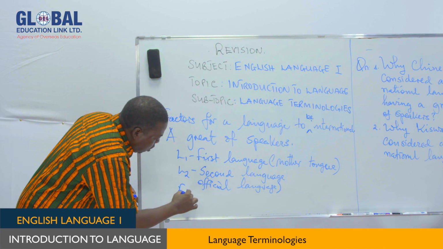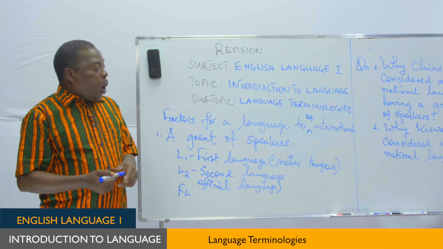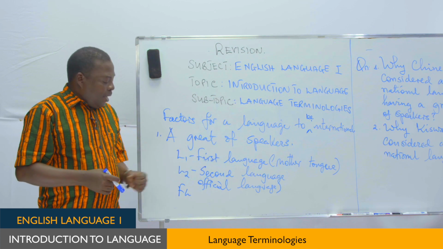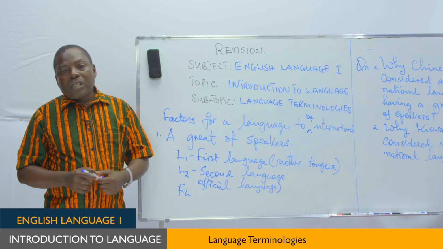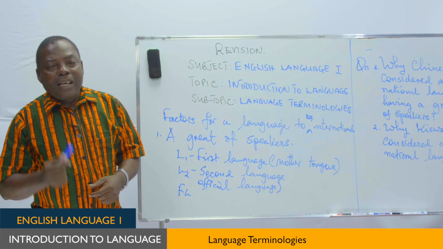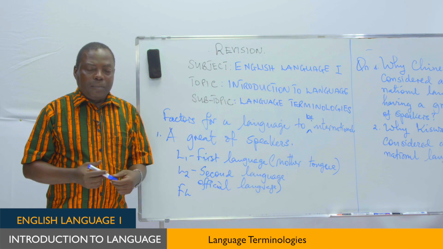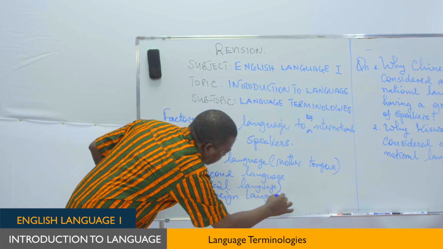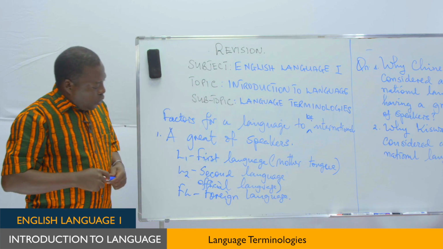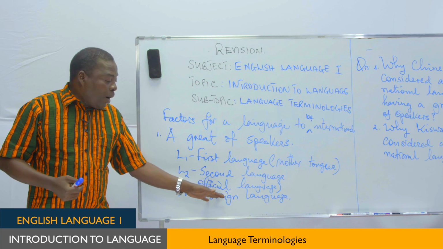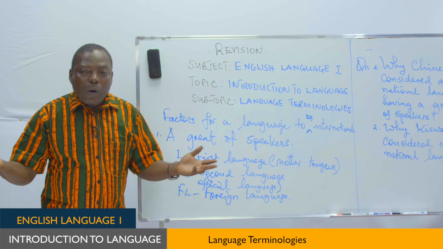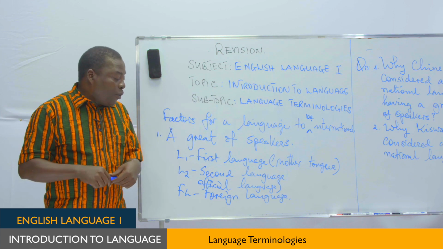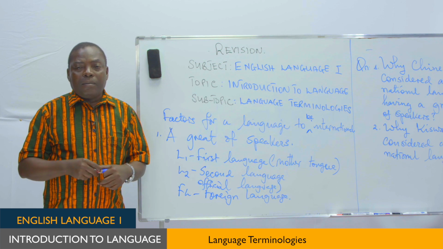The other speakers whom we are expecting to add in this group are those who speak the language as their foreign language. So this FL stands for foreign language. In this case, a foreign language is whatever language is spoken that comes from abroad, and people learn it for their own specific reason.